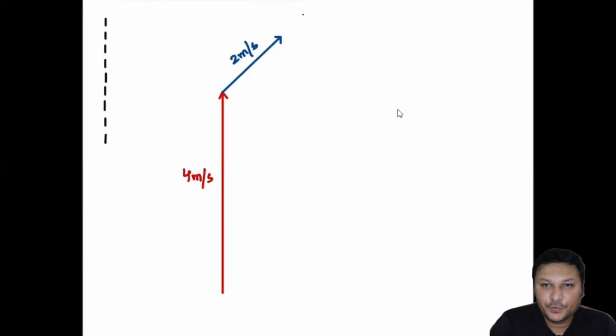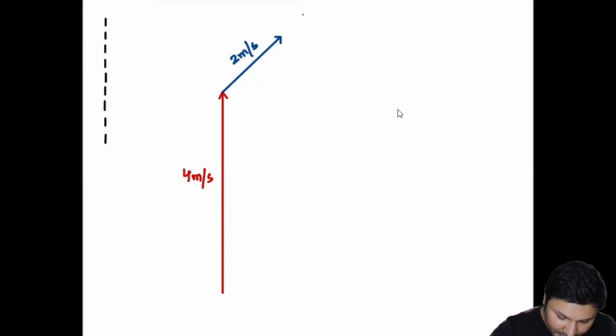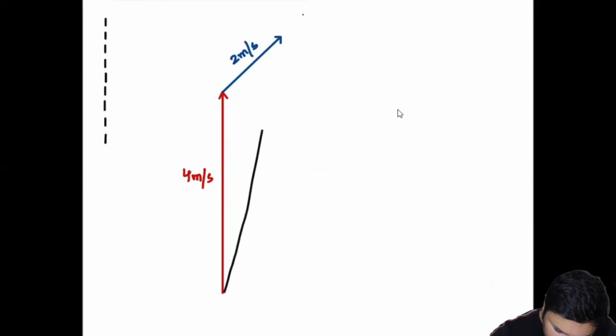Now, what do we have to do? We have our final step, that is we need to draw the resultant. And according to the steps which we have already discussed earlier, the resultant should start from the tail of the first vector to the tip of the last vector, like this.